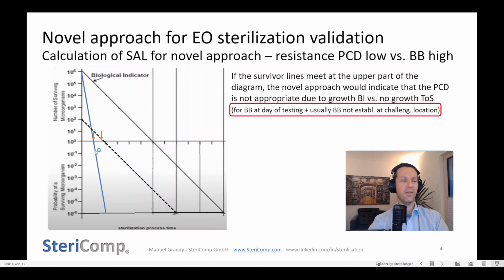It indicates that the PCD is not resistant enough. And same if you go a little bit higher in the EO dwell time or EO contacting time. Here still, for the PCD, quite for sure there is no growth, but from the product test of sterility, you still have a good chance that you see some growth. So this works, okay?